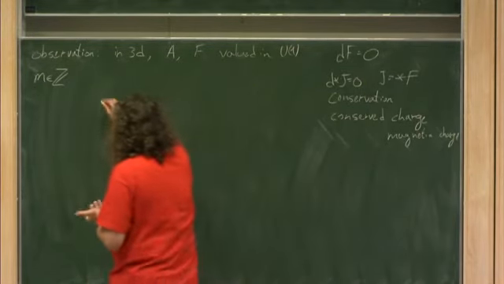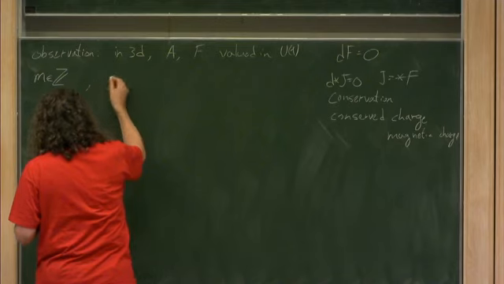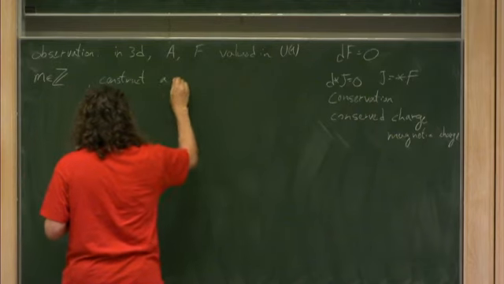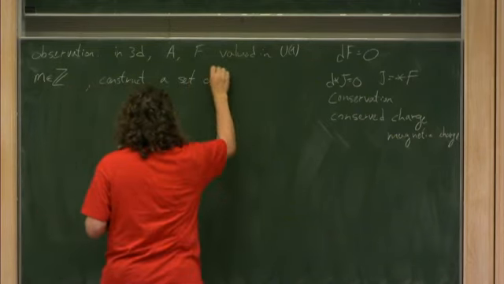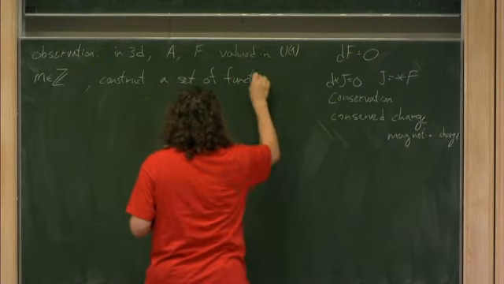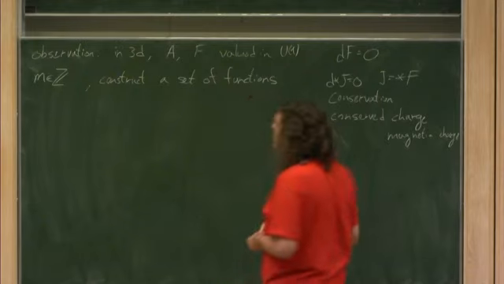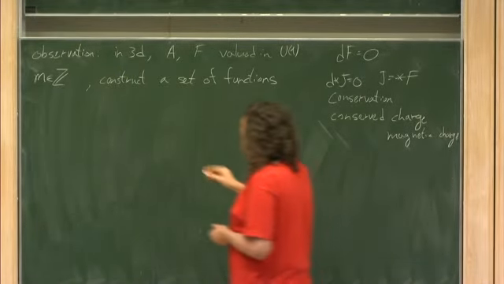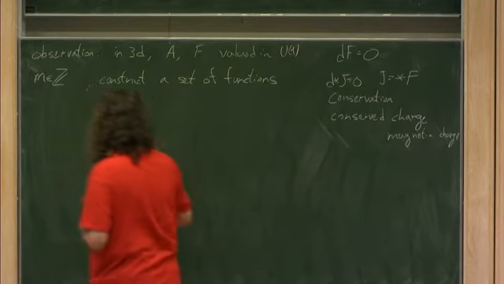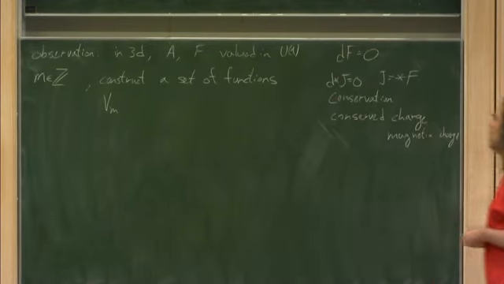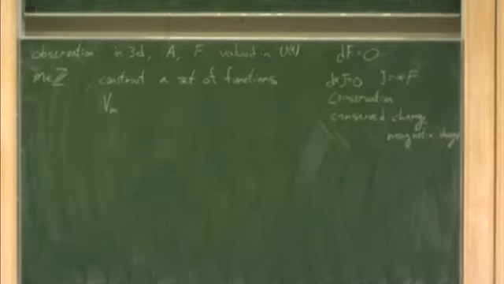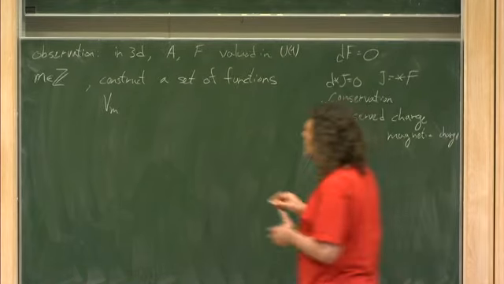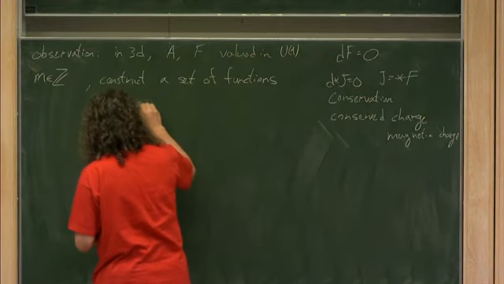And so I'll just say that I'll construct a set of functions, and for us these are called chiral operators, which are denoted by V_m. V stands for vortex, and those are called monopole operators. So this is the physical name for them, monopole operators.